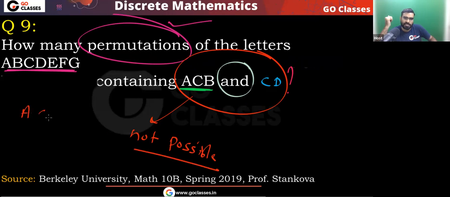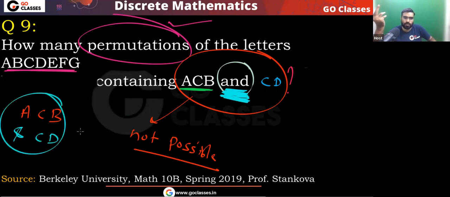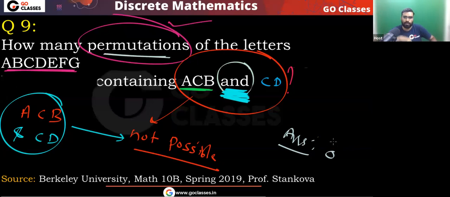Because if you have ACB, then how can you have CD? So this is not even possible. So your answer will be 0. Because there is no such permutation. So number of permutation is 0.